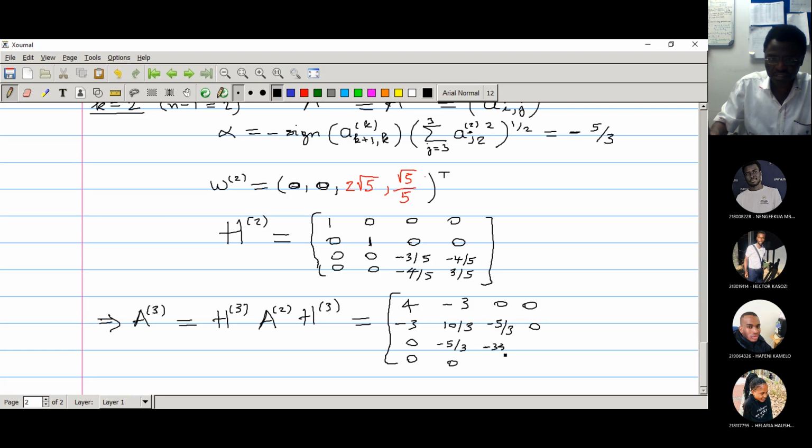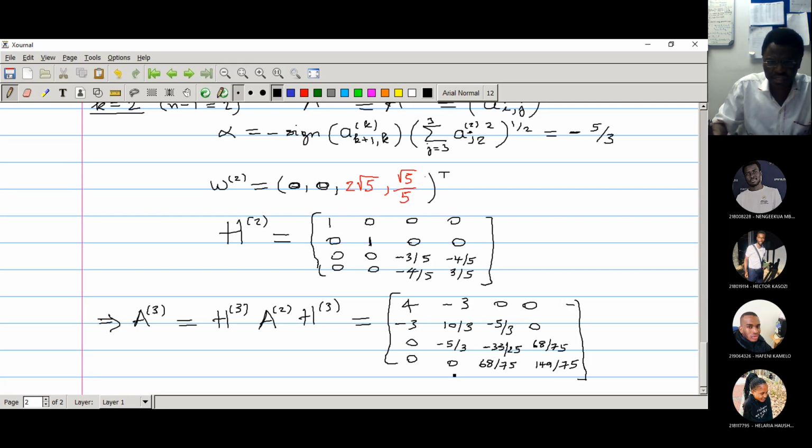Now here we have -33 by 25, and here we have 68 by 75, which is the same that will be here, 68 by 75. And finally, this entry, 149 by 75. Okay, so that's what you will get when you perform the computation.